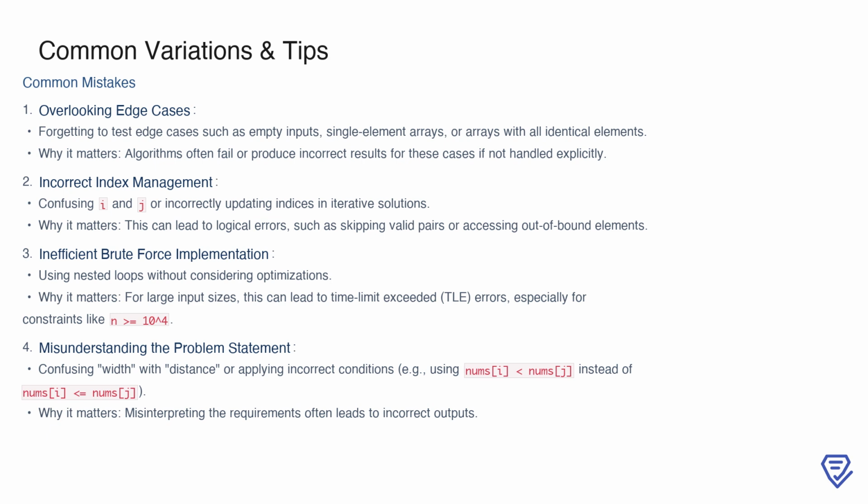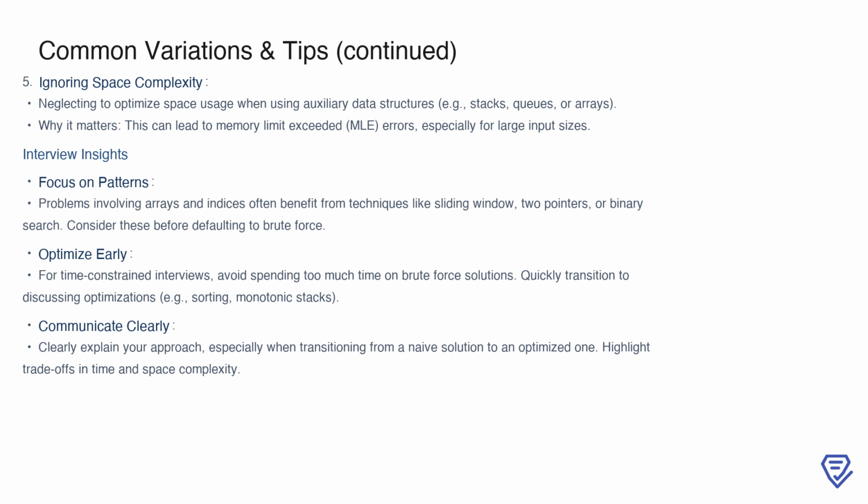Misinterpreting what the problem is asking for often leads to wrong outputs, so it's crucial to carefully read and understand the requirements up front. Another aspect to consider is space complexity. When solving this problem, neglecting to optimize auxiliary data structures like stacks or arrays can quickly lead to memory limit exceeded errors, especially for large inputs.